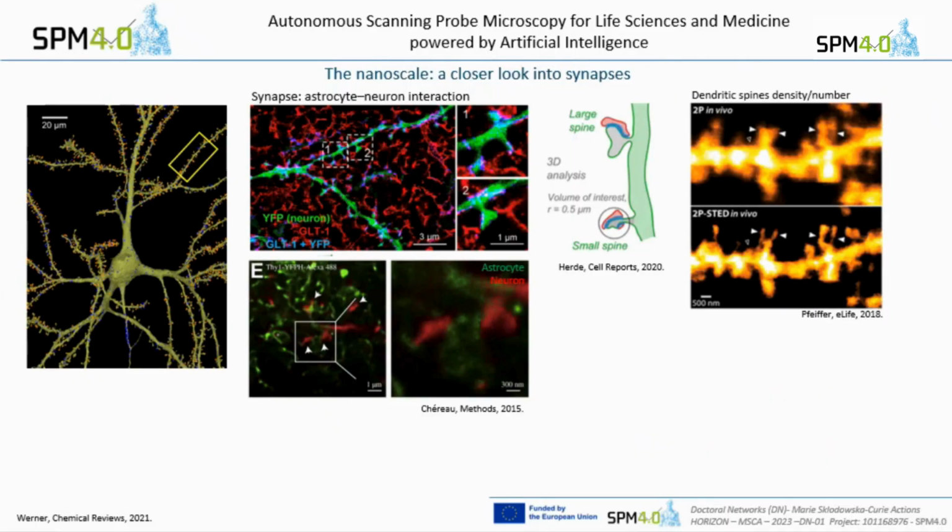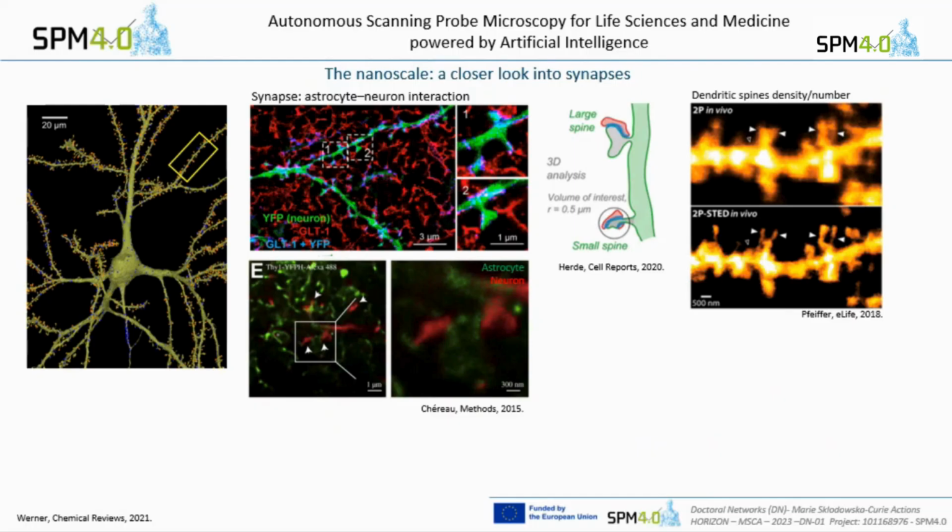Another possibility is that super resolution is used for the quantification of the dendritic spines, so the density or numbers, something that's not possible, for example, here in two-photon microscopy, where two dendritic spines are seen as one, but they're well resolved using two-photon coupled with STED.